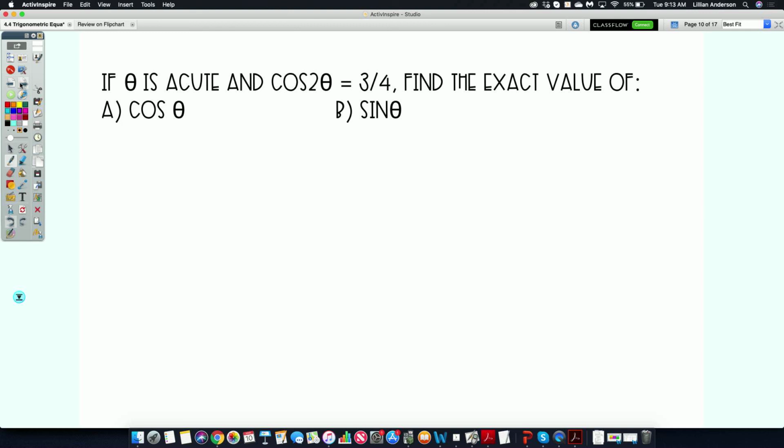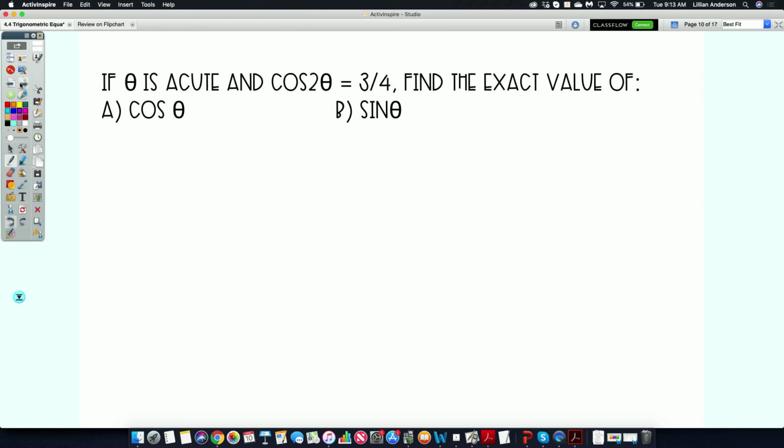We have three different identities for cosine 2 theta. Which identity do you want to use? I would suggest either the second one or the third one, because the second one's going to help you find sine first. The third one's going to help you find cosine first. We got to find both eventually.